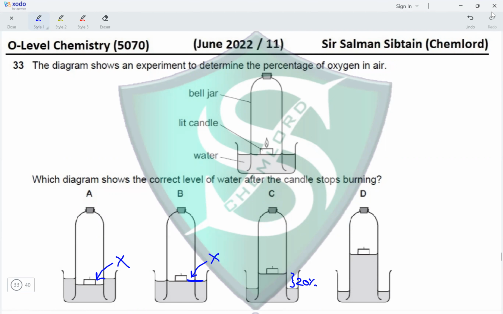So this is very close to 21. This is correct. And in D, we have 50% of the jar filled with water and 50% of the jar filled with air. This would show that air contains 50% by volume of oxygen, which is wrong. So this makes option C the correct option for this question.